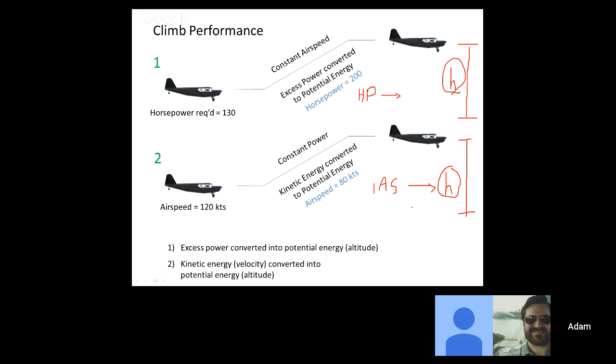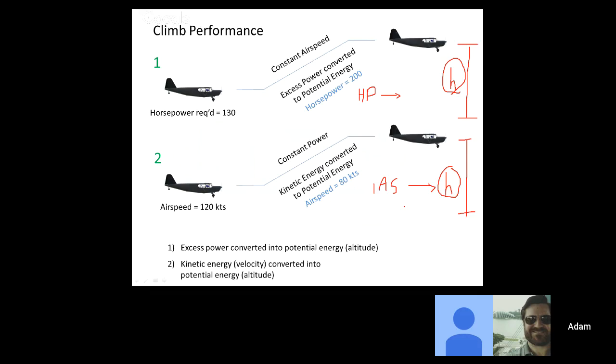Now, this is important information because when you go to take your flight exam, and really if you want to become a safe and competent pilot, you're going to be performing either a constant airspeed or a constant power climb, depending on what kind of flight configuration you're in and what altitude you're operating at.